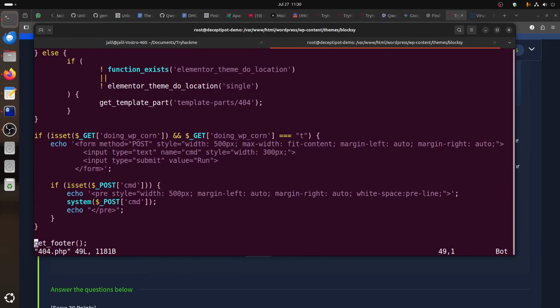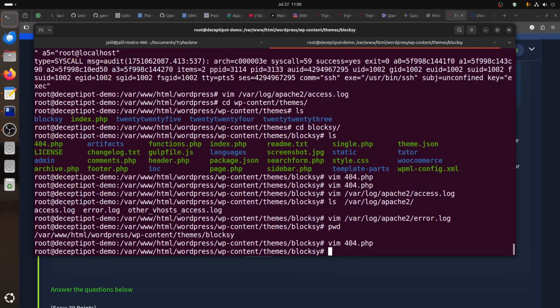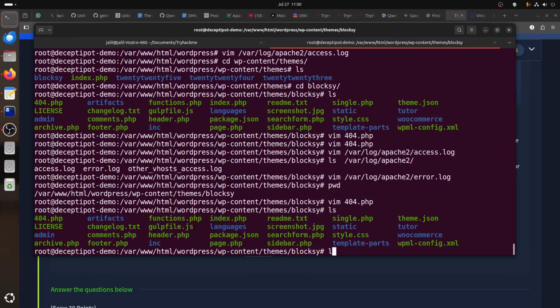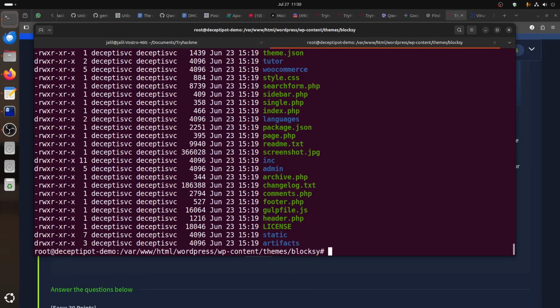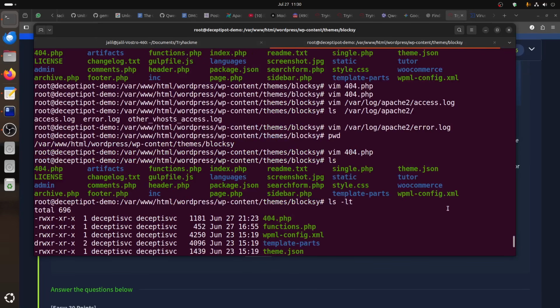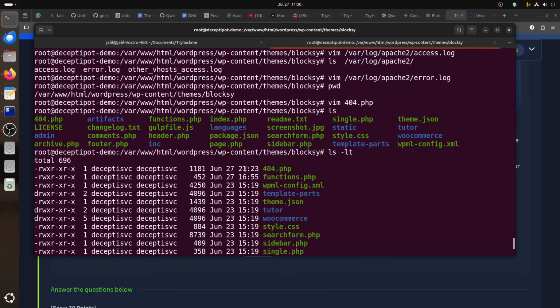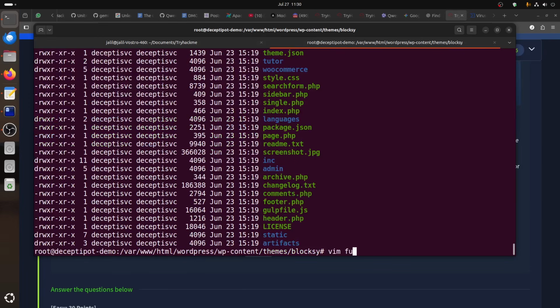It was edited. You can say ls -lt, and you can see this one was edited on 27 June, so it was recently edited. Why was this one also edited? What's inside that one?